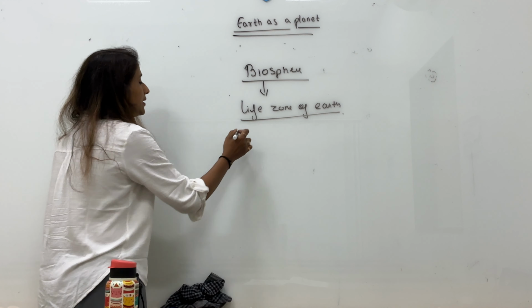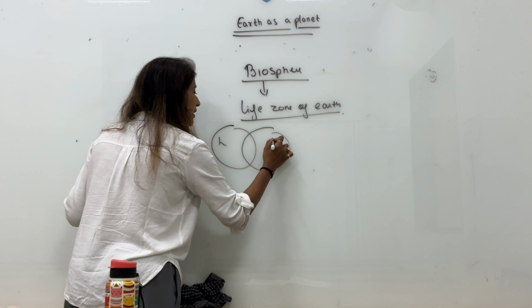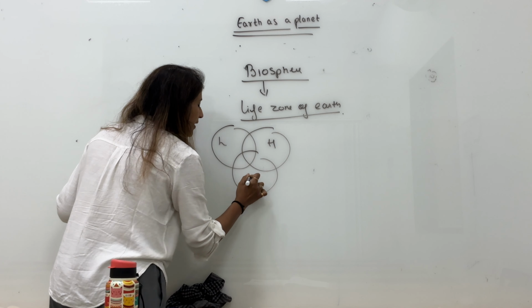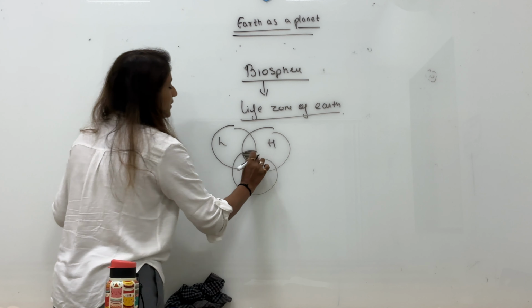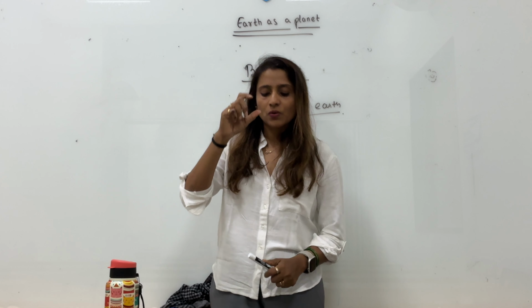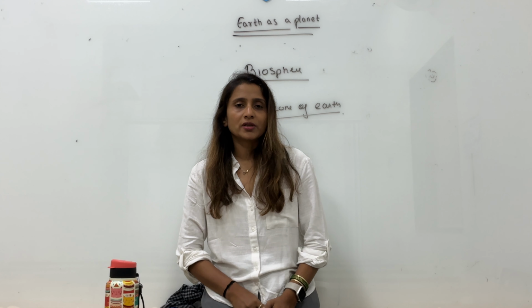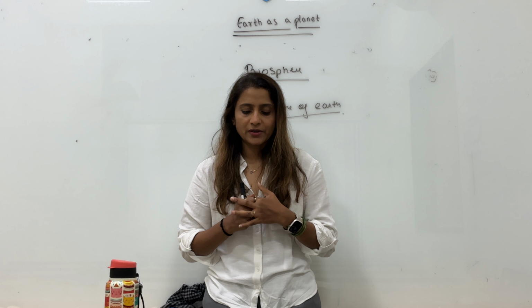It is a zone where lithosphere, hydrosphere and atmosphere, basically these all three zones will be interacting with each other. It is a narrow zone of interaction between lithosphere, hydrosphere and atmosphere.